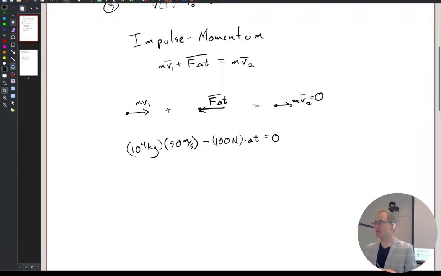So in the first problem, creating an equation of motion will always get you to the same step. The only difference when you use impulse-momentum directly is that you already have force, time, and velocity all included in one equation. So in a two-step process, we get to a solution.